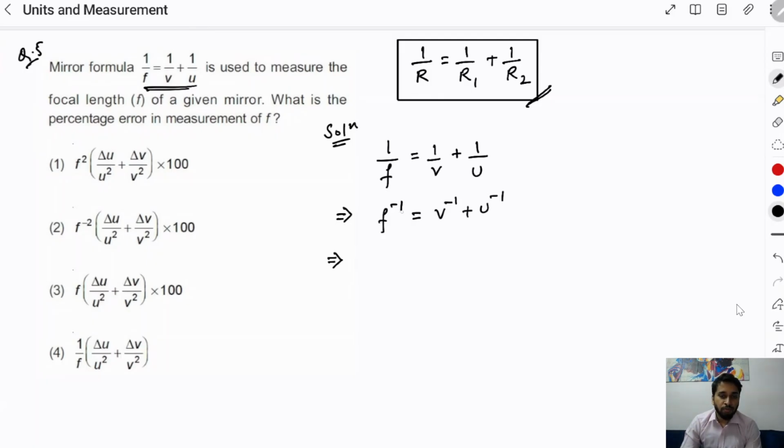For F to the power minus 1, if we use the x to the power n formula, whose differentiation is n x to the power n minus 1, it will become minus F to the power minus 2, or I can write minus 1 by F square into dF by dt. Let us suppose I have differentiated with respect to time.